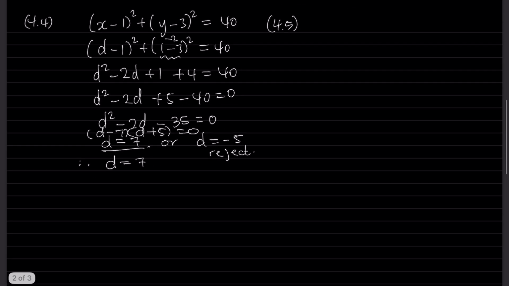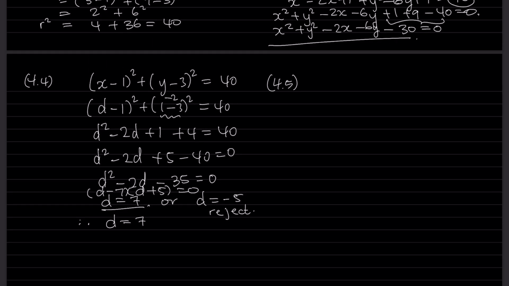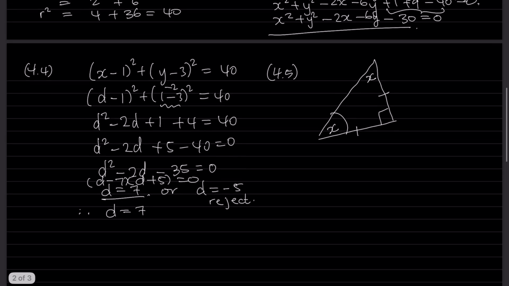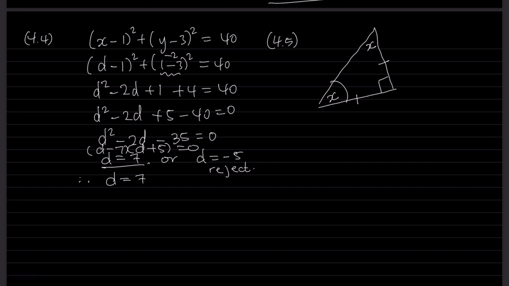Okay, and we can sketch it out quickly here. We have our line like this, here and here. We know that that is 90 degrees. So if I call this X and I call that X, because it's an isosceles triangle, we can use the angles in a triangle to work out what the angle here is going to be, because that's what they wanted, angle L. So in this triangle, x plus x plus 90 equals 180.